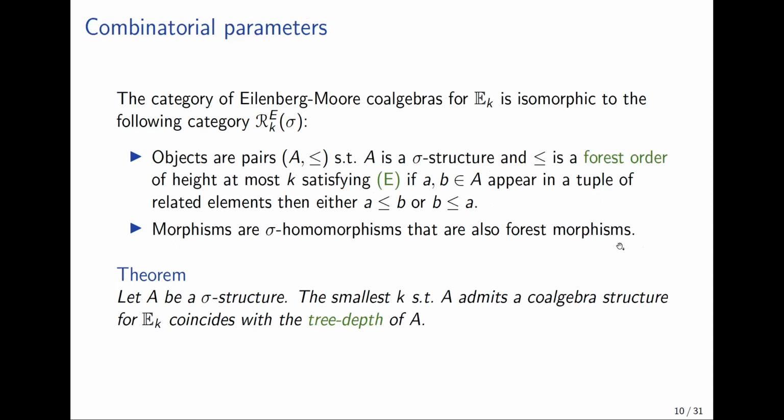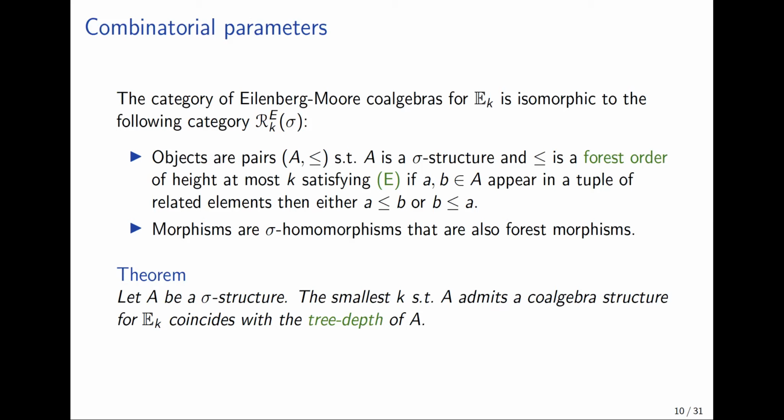And in fact, they admit a rather neat characterization. The coalgebras, in this case, can be described as follows. They are essentially pairs: the first component is a sigma structure, and the second component is a partial order. And then there are some conditions. The first condition is that this partial order is a forest order of height at most k.